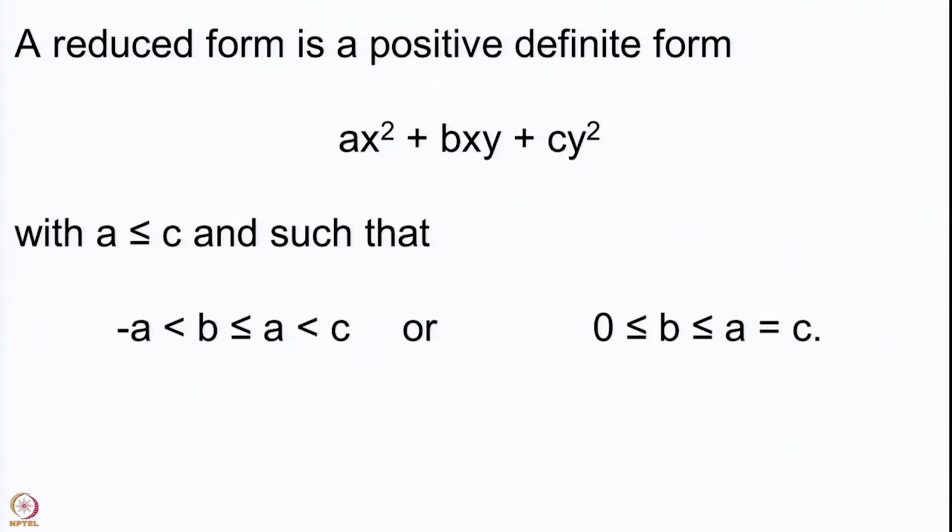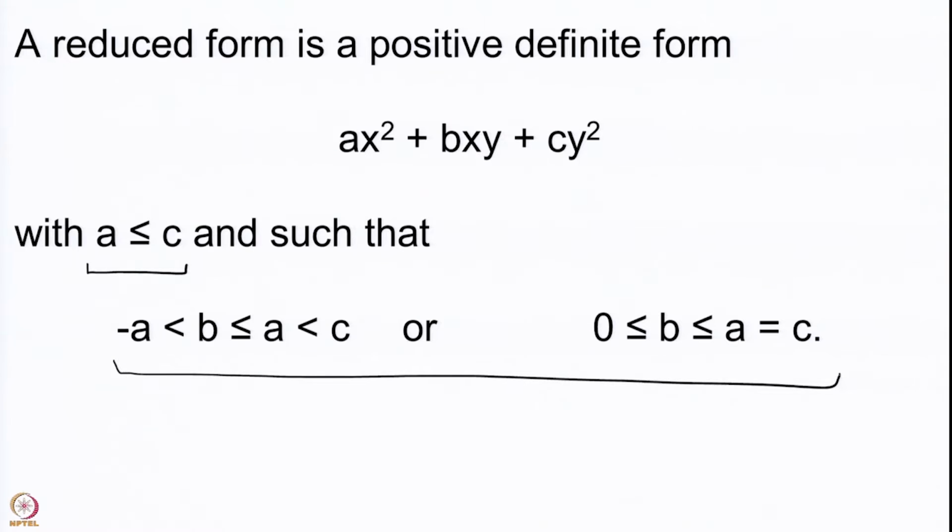This is slightly differently worded than the definition I gave in the last lecture. The only change is that we start with this binary form which is positive definite, and I say that you have first of all a less than or equal to c, which was evident in the conditions that we had later, but let me put it first.